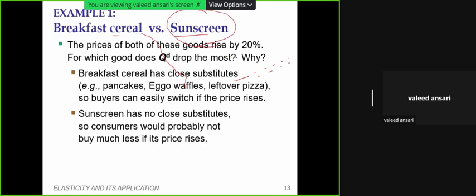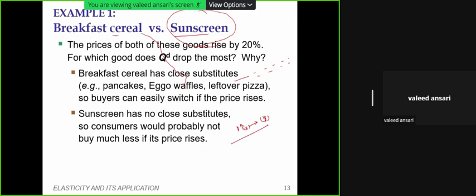So one of the factors that affect the elasticity of demand is that the higher the number of substitutes, the more elastic will be demand. Because if the price of anything increases, the consumer will switch to another product, which is a substitute.